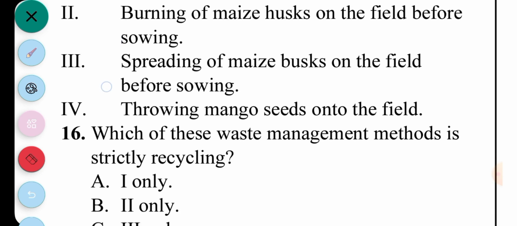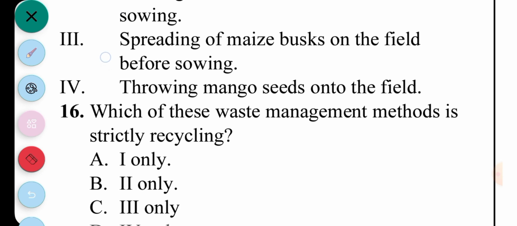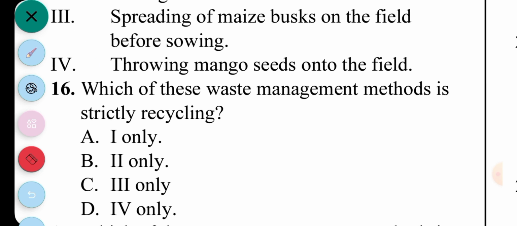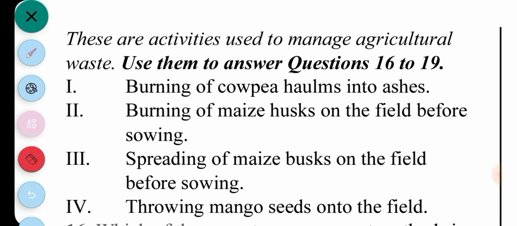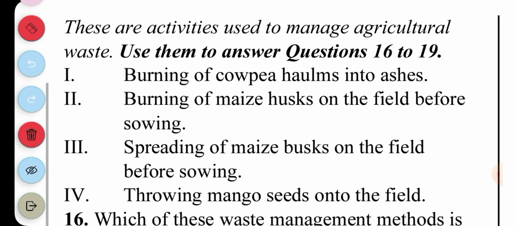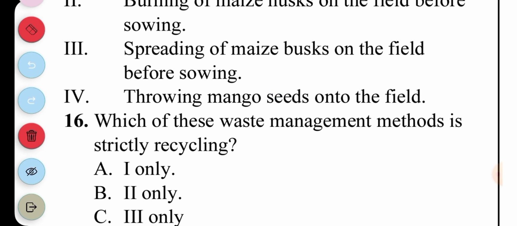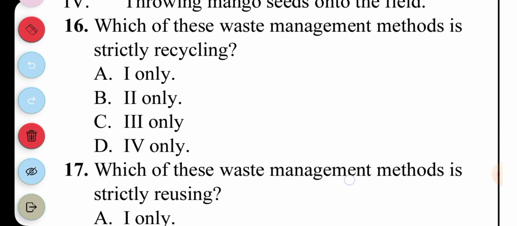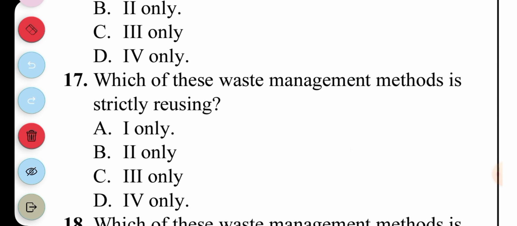So question 16 is asking which of the waste management methods is strictly recycling? Now, we have to go to what we have here. And the one which is recycling is I. So the answer to question 16 is A. Question 17 is asking for the waste management that is strictly reusing.